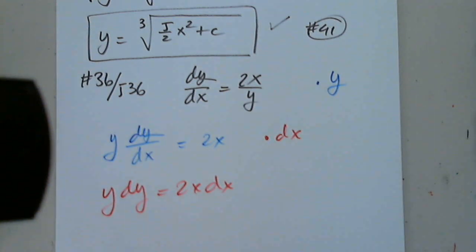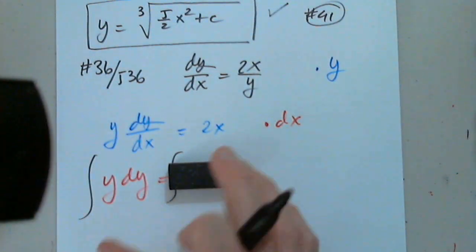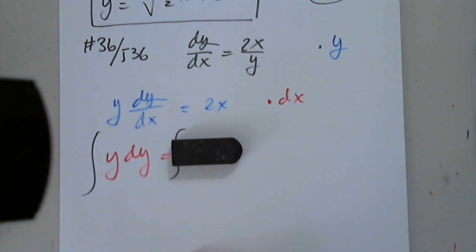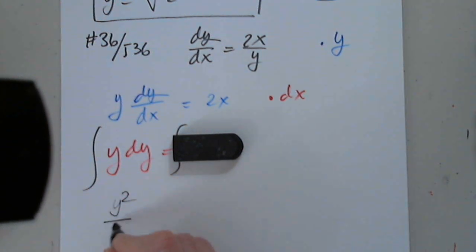Yes. Perfect. What will be our next step then? Integrate. Very good. Don't look to the right. Just tell me what to write for the left. Y squared over 2. Awesome.